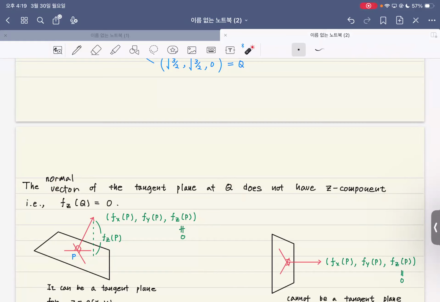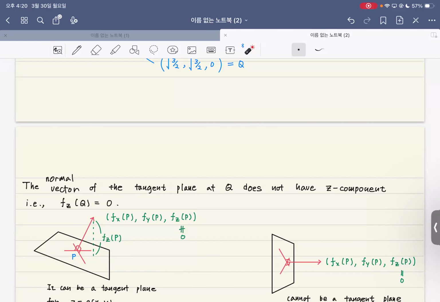But do you remember this? For any given level set, how would you find the normal vector of any given tangent plane? That can be easily found by computing the gradient vector. Suppose the point P is a point on this level set.